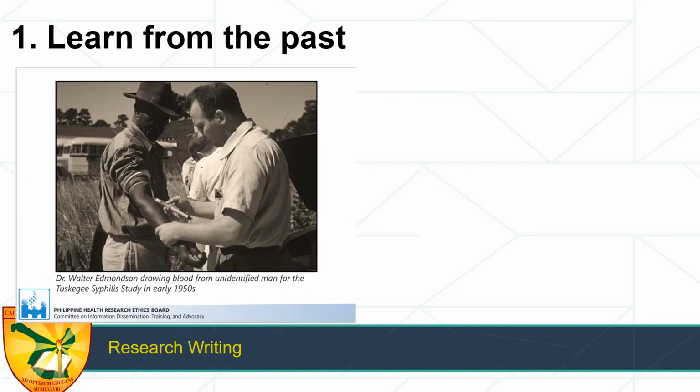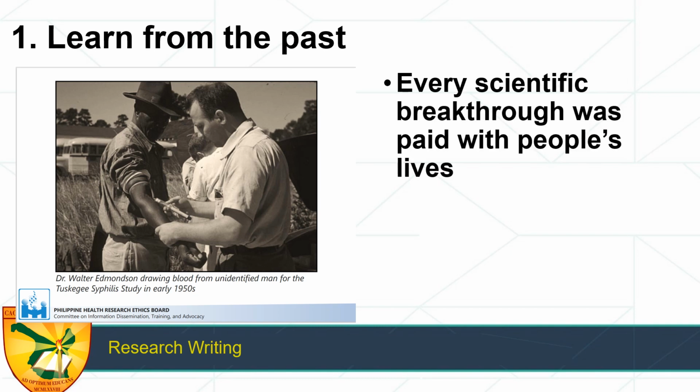The following are the considerations that we can check for the ethics of our paper. Number one, and the most important of all, we learn from the past. Every scientific breakthrough was paid with people's lives. We experienced that now when we did clinical trials for the COVID-19 vaccine.